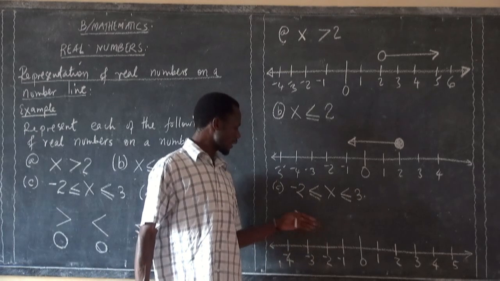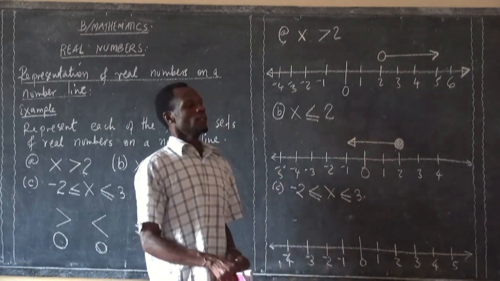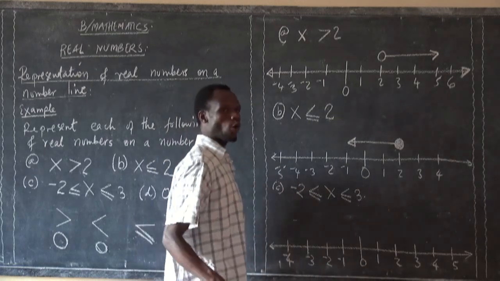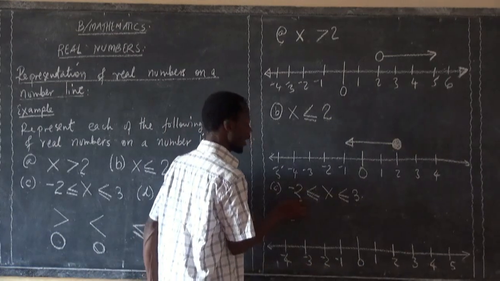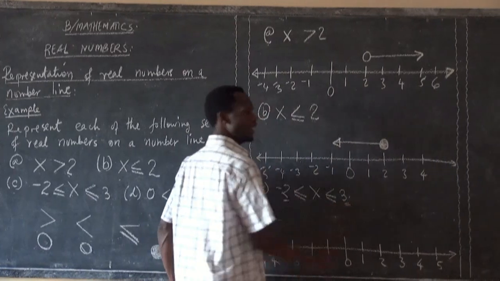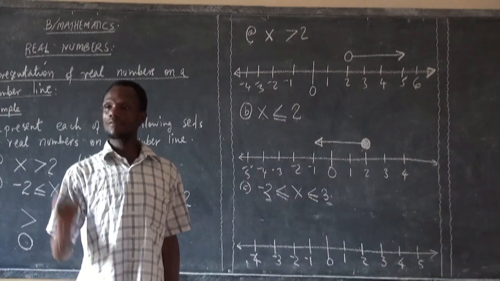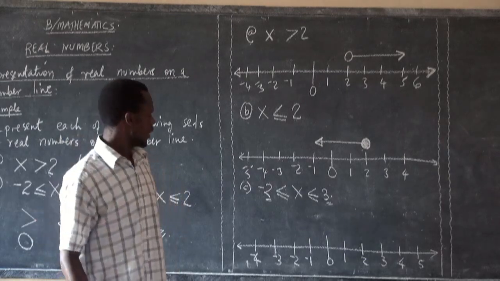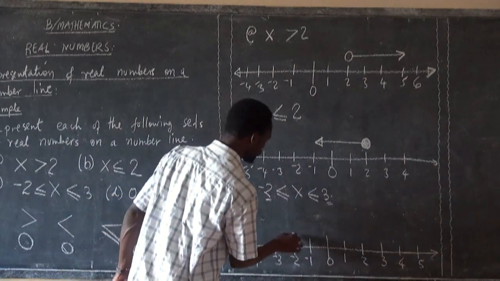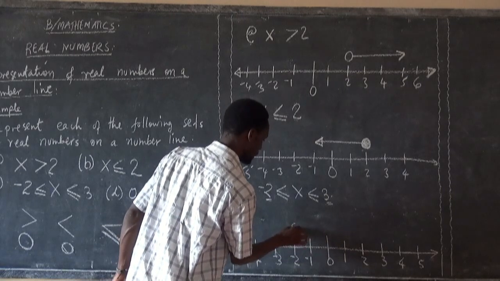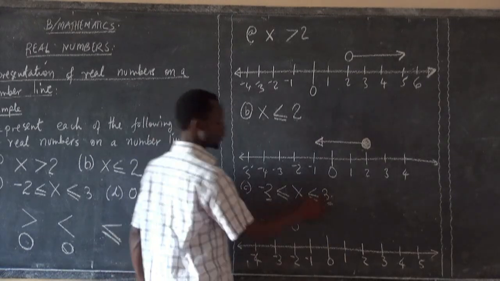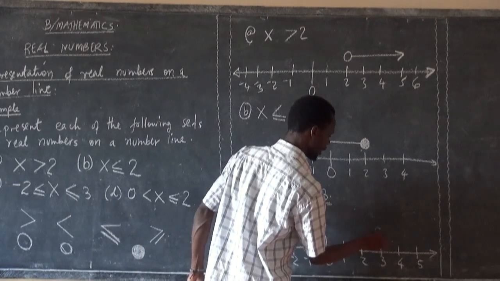If this is the case, we're talking about -2 and +3. These are limits. We have -2, which is right here, and then we have +3, which is right here.